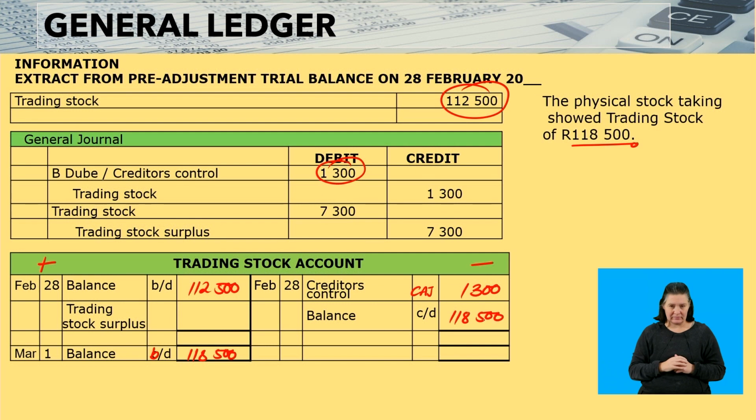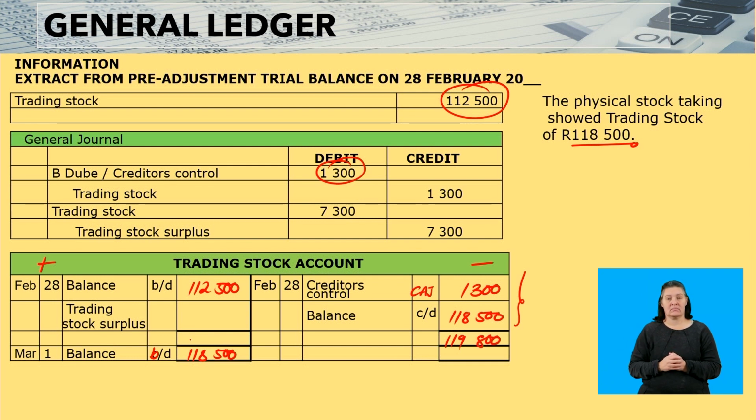118,500. When I have these figures, I can then quickly say which side has the highest amount. And the highest amount becomes the credit side. So I'm going to add these sides, and I'm going to get an amount which is 119,800.